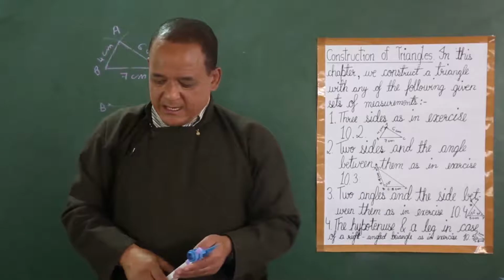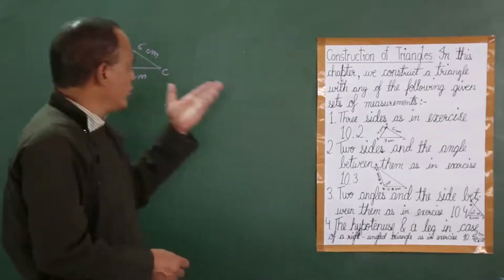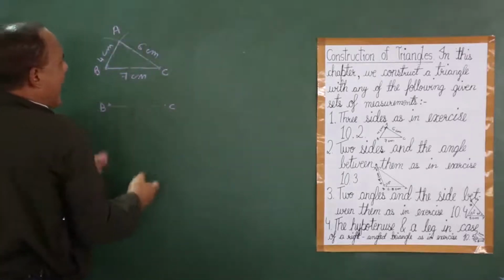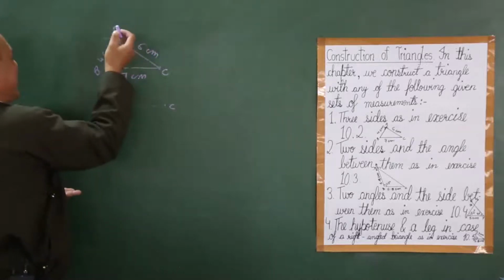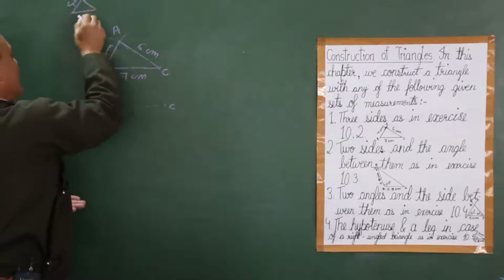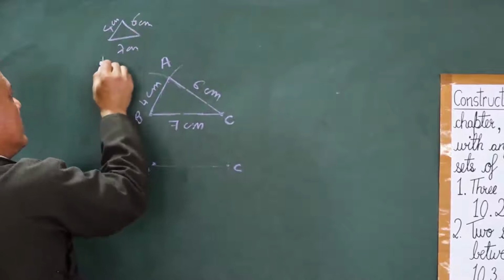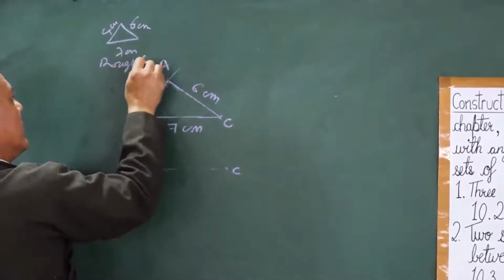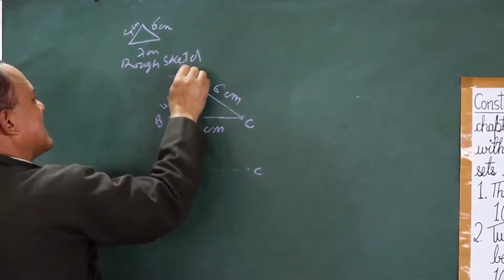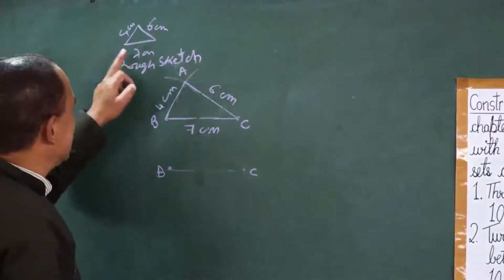And in addition to that, when you do 10.2, we can also make a rough sketch before doing this. This is a proper one. But before that, if you want to do it roughly, you can do it like that. But you have to write rough sketch, otherwise people will misunderstand that this and this are the same.